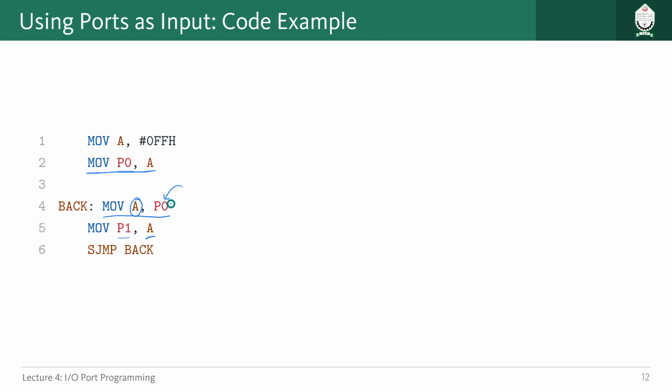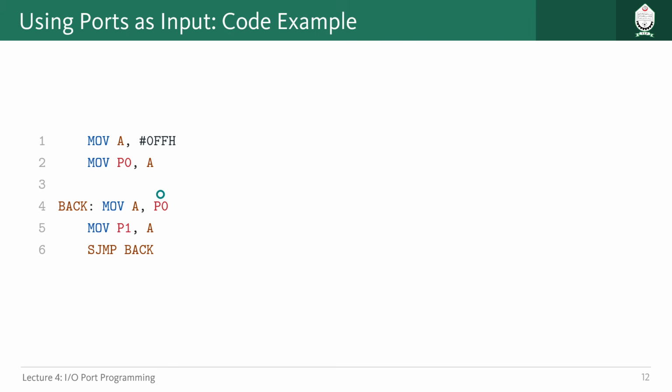We have taken the input signal from port 0 and written that onto port 1 with the help of register A. We will do that over and over again because we have already configured our port 0 as input. So this loop will go on infinitely, and we will always read the signals we are getting as input on port 0 and write that onto port 1. So this is just one example.